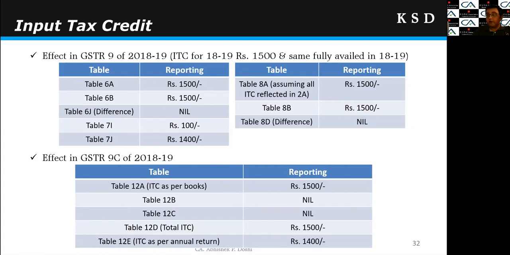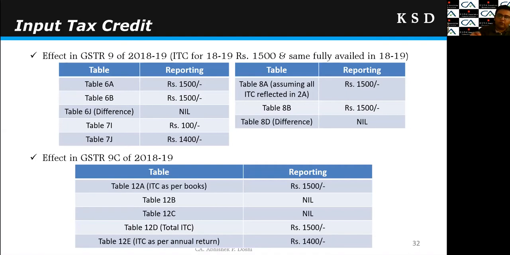This reversal pertains to 17-18, but it will be reflected in table 7 because I have reflected it in GSTR 3B of 18-19. So net ITC as per 7J would be 1400 rupees. Now there will be no issue in comparison in table 8 because it will compare 1500 with 1500, so there will be no difference.